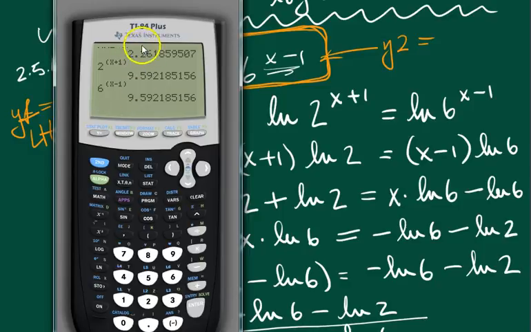So we should see an intersection at x equals approximately 2, y equals something between 9 and 10.